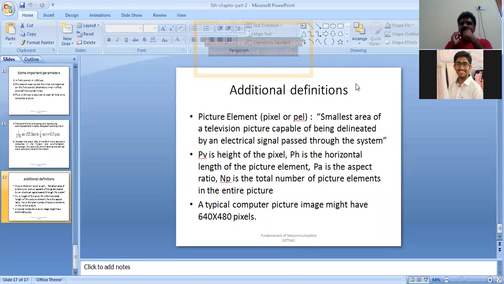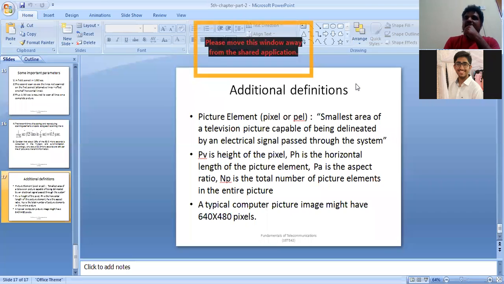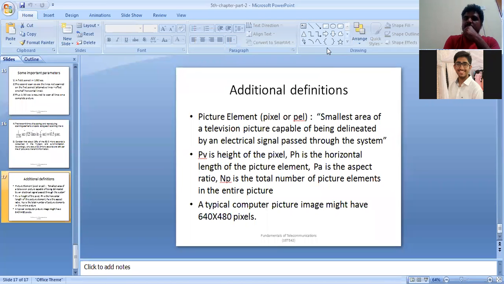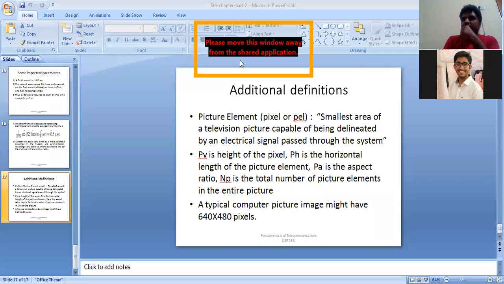There's a long story to it, but nevertheless you understand that every small portion in the scenery is considered to be a picture element. A scene in front of you becomes a picture through the lens, and that picture gets converted through a photoconductive material.